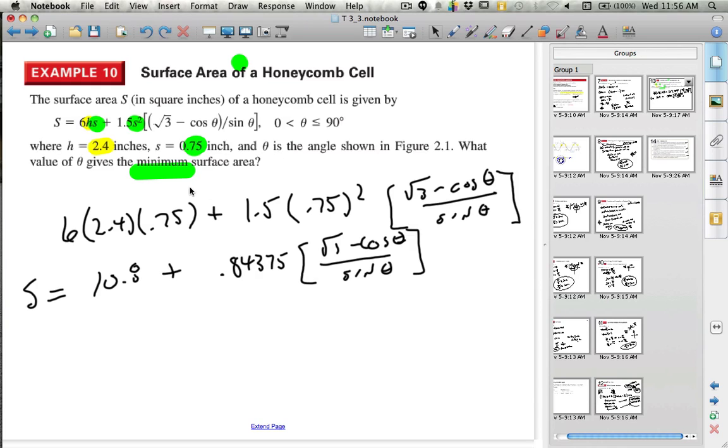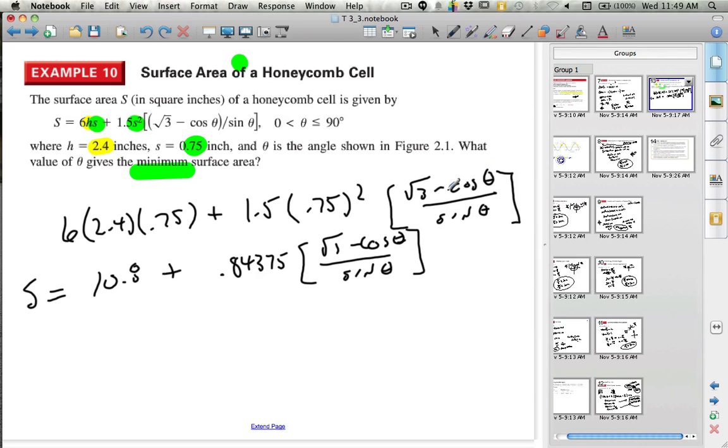So in this problem, because what we're looking for is the minimum surface area, this equation is going to yield a wide range of surface areas using values of theta anywhere from 0 to 90 degrees. But we're looking for the minimum surface area. So rather than plug in a lot of values for theta, what would be easiest would be to graph it.